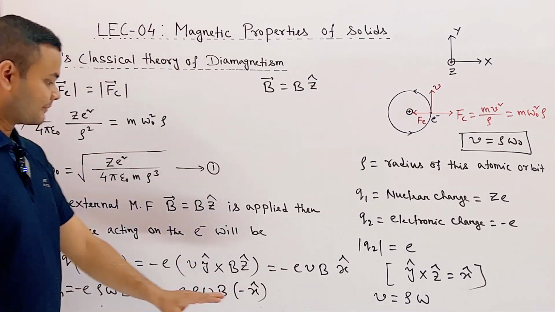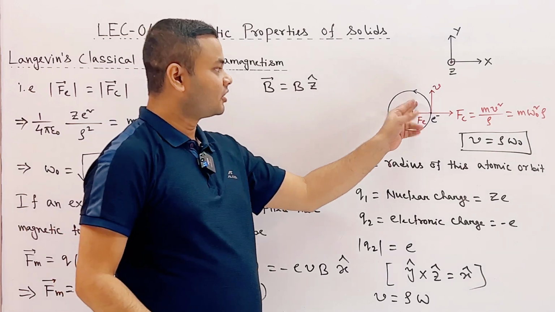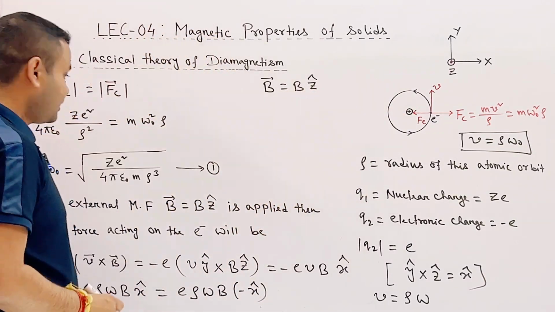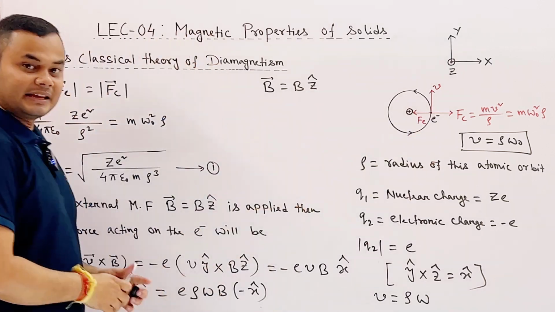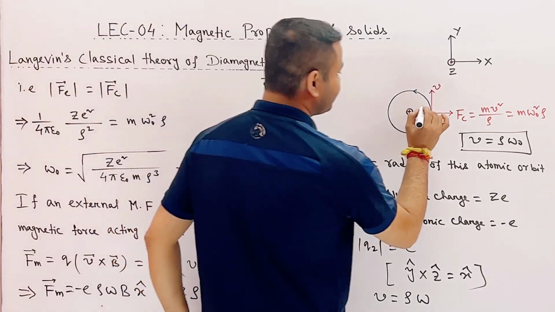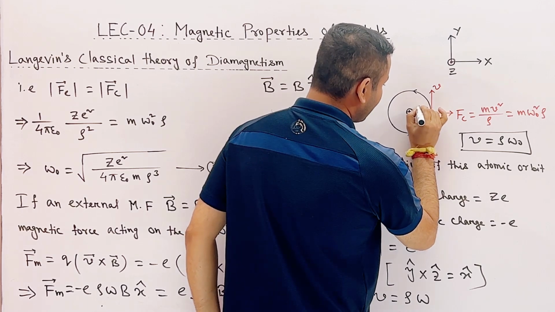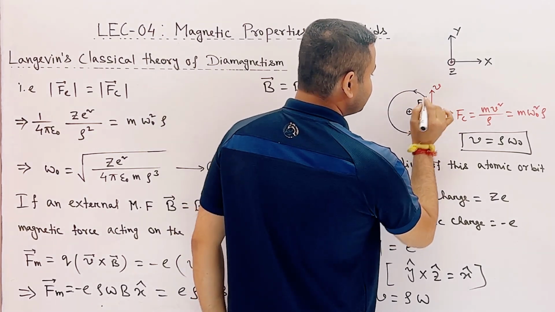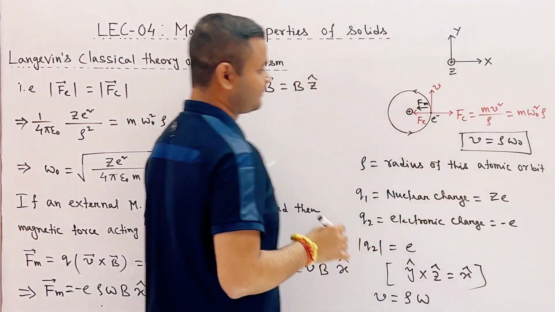So here we have seen that after application of external magnetic field along positive z direction, this electron will experience a magnetic force along negative x direction. So this is the direction of magnetic force on this electron.